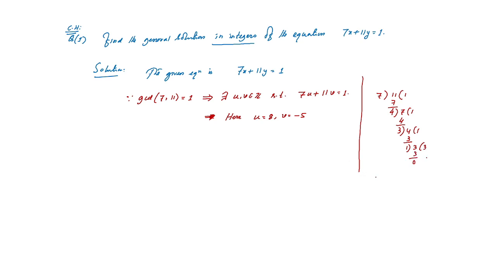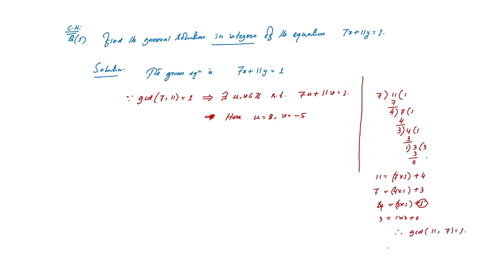So you will write here 11 equals to 7 into 1 plus 4. 7 equals to 4 into 1 plus 3. 4 equals to 3 into 1 plus 1, and 3 equals to 1 into 3 plus 0. So last non-zero integer remainder is 1. So that means GCD of 11 and 7, this is basically 1.